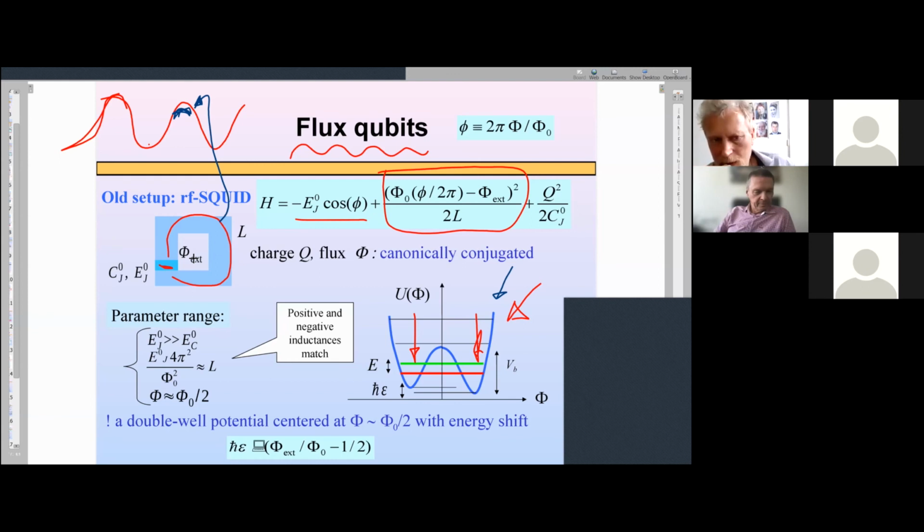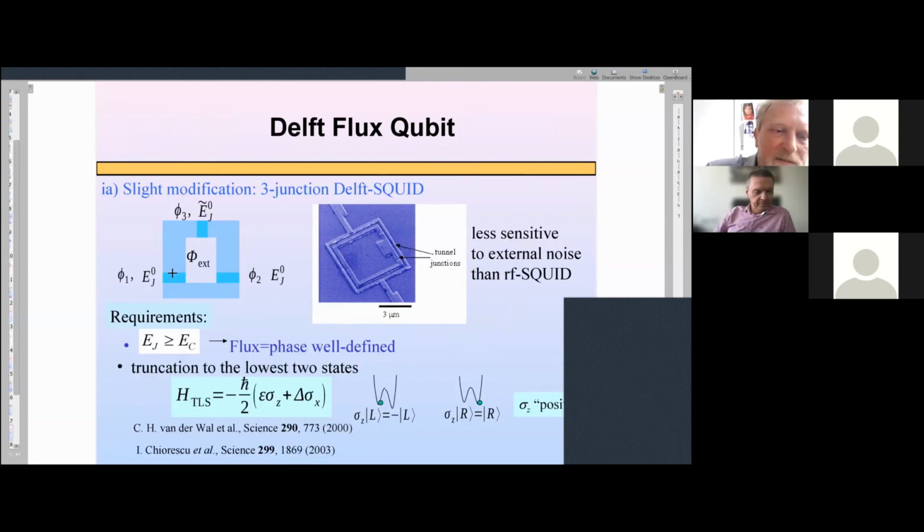It's not practical to make the inductance loop. And in this design, the Delft design, my institution, it has been replaced by two Josephson junctions. So in fact, there was a three-junction Delft flux qubit. What are the superposition states in this device? They correspond to two wells in this potential.